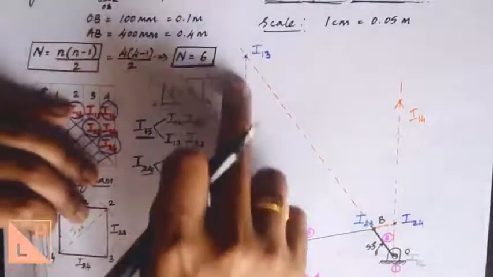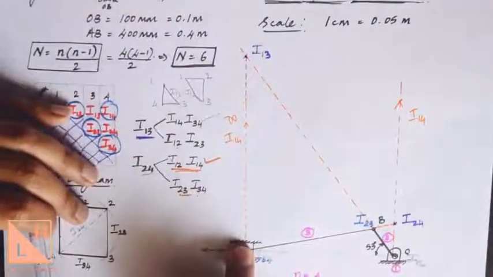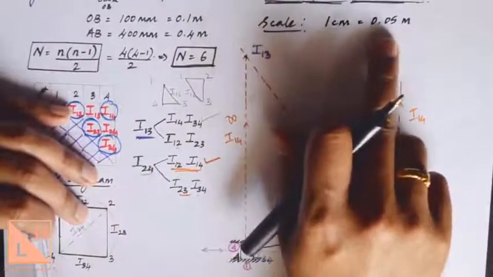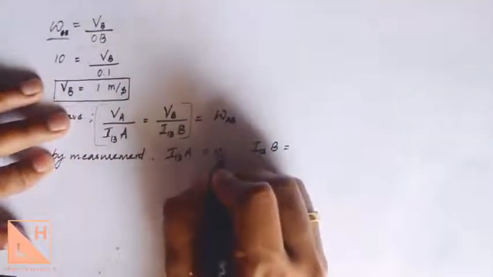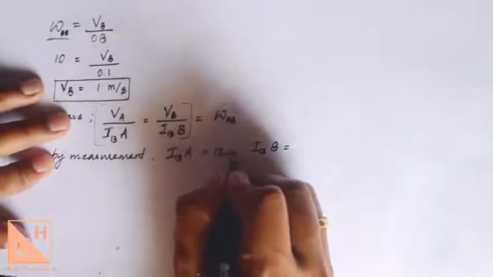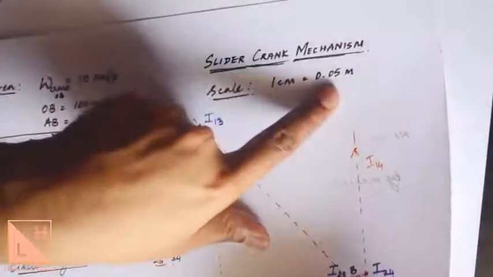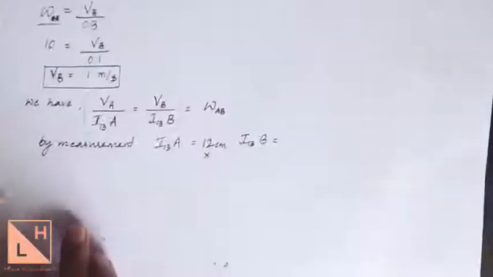So this is going to be 12 centimeters we are getting. We have taken 1 centimeter as 0.05 meter. So I13 to A is actually 12 centimeter multiplied by the scale. We have taken the scale as 1 centimeter equal to 0.05 meter.